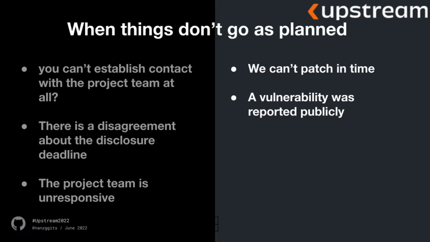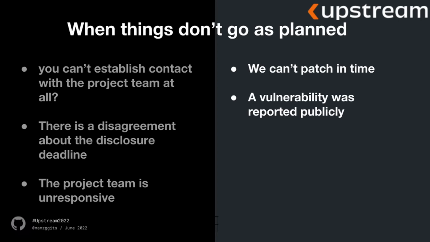Another problem that you can encounter is that there's a disagreement about the disclosure deadline. If the project can't meet the deadline, let's say you set a deadline at 30 days and they need 90 days, well, if the project makes steady progress and has good justifications for the delay, then the reporter should consider remaining flexible and providing more time.